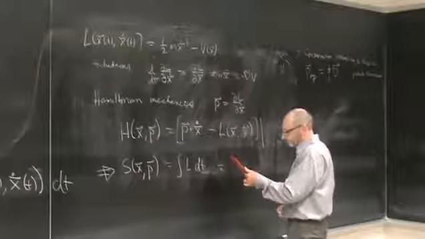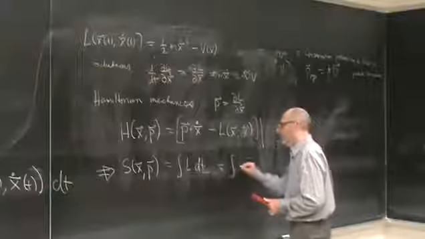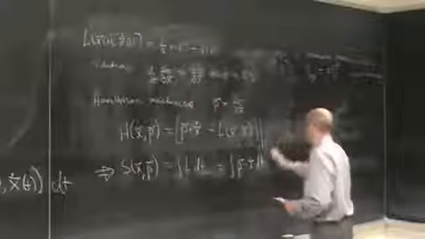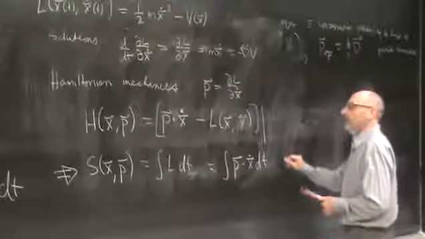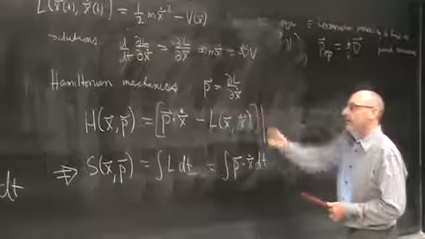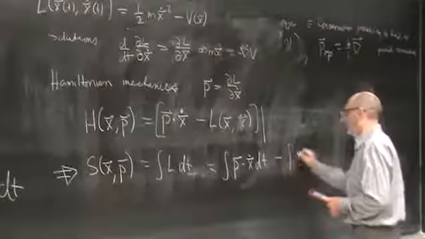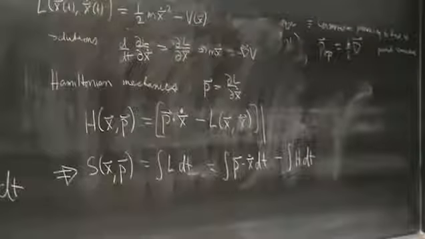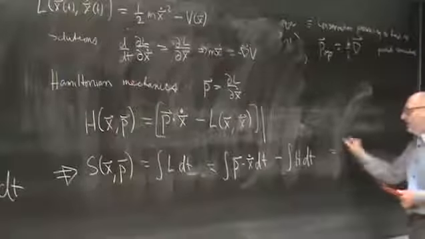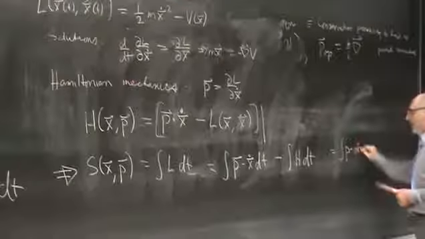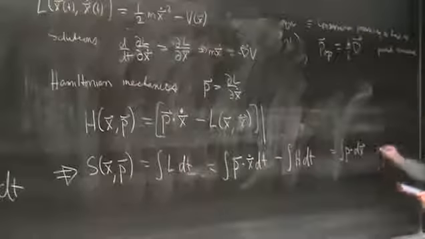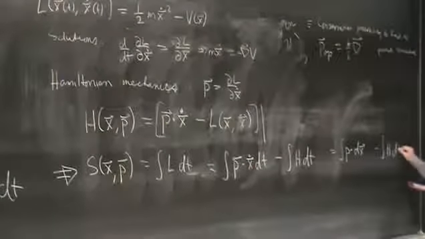Right. Okay, so that's equal to the integral p dot x dot dt minus the integral of the Hamiltonian dt, or the integral p dot dx minus the integral H dt. Doesn't that look familiar?